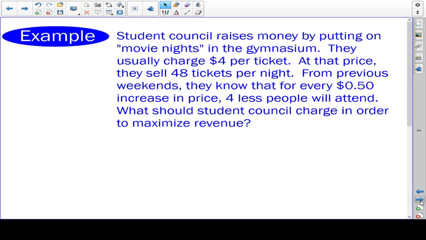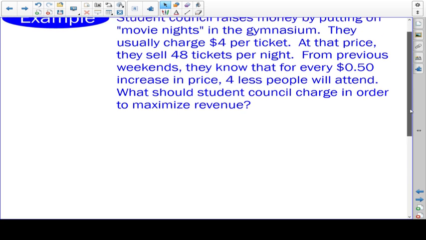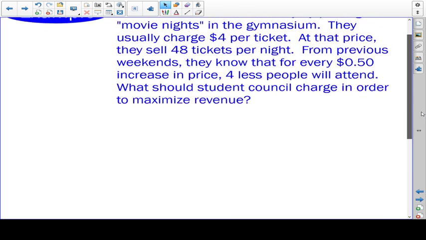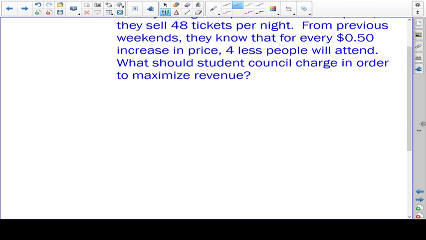We have to develop the quadratic equation, and then we have to use the techniques we've learned today in order to solve it. So here's what I know in pretty much every walk of life. If I'm trying to figure out the revenue, that's the total amount of money that's collected.